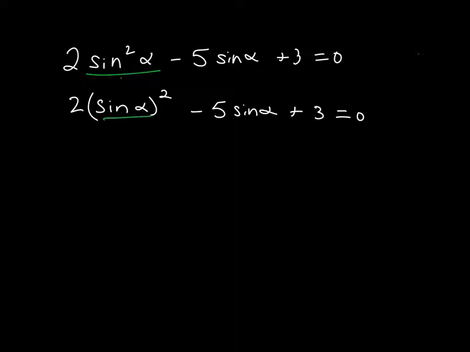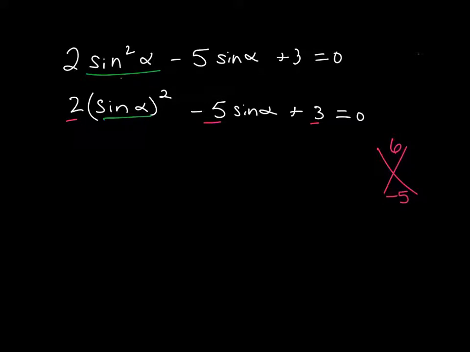So going back to factor this, again, I take whatever my 2 terms are here, my a and my c, and multiply them together. 2 times 3 gives me 6. My b is my negative 5.